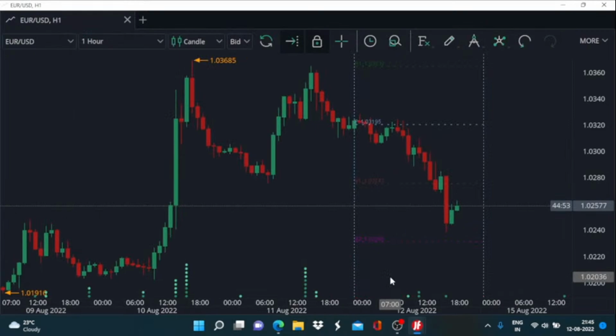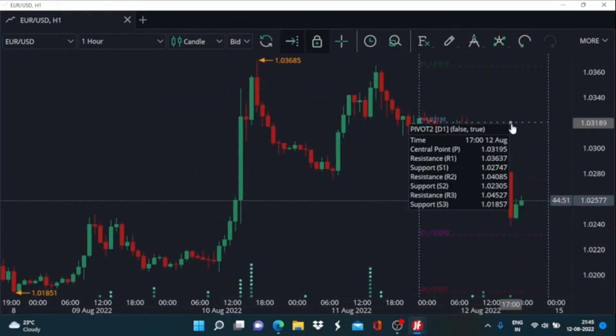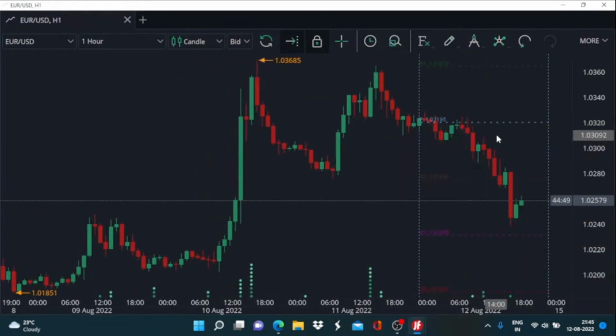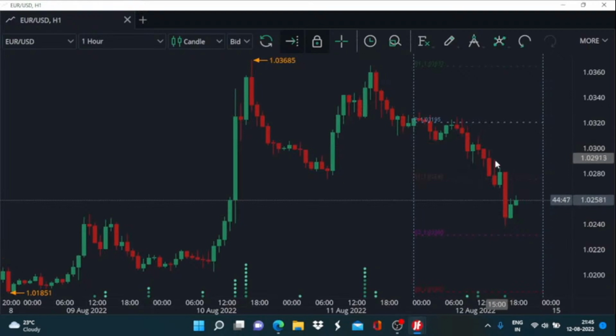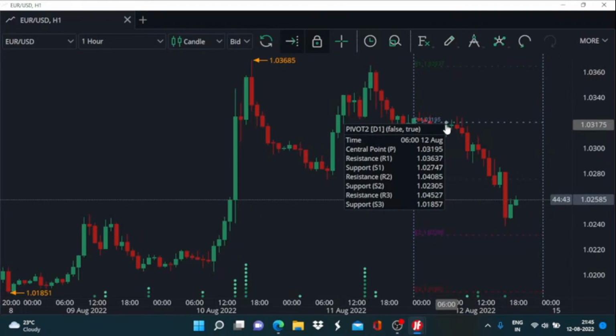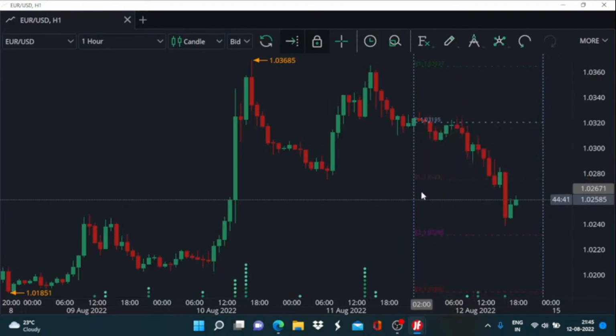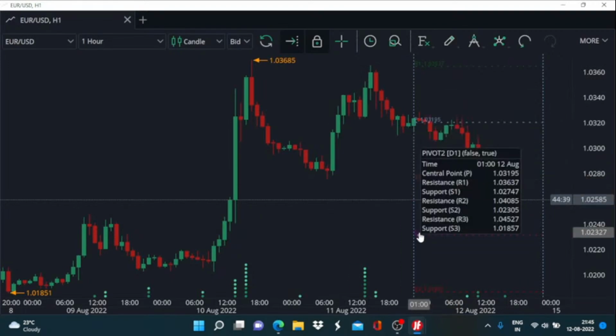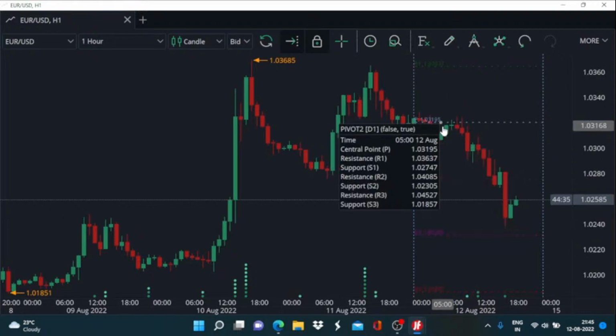Now let's see how it is looking. So these are the changes which are now visible on this plotting of the pivot series. Whenever you go to any of these levels, the support or the resistance level, you will have all these values reflected on the chart as well.